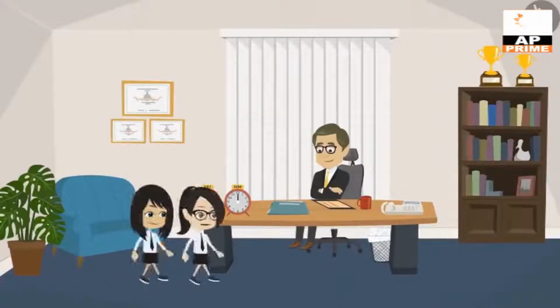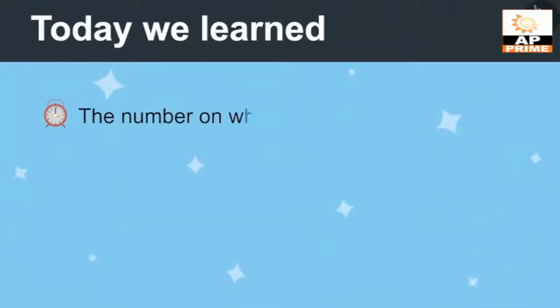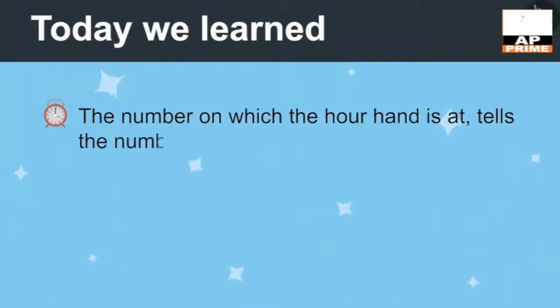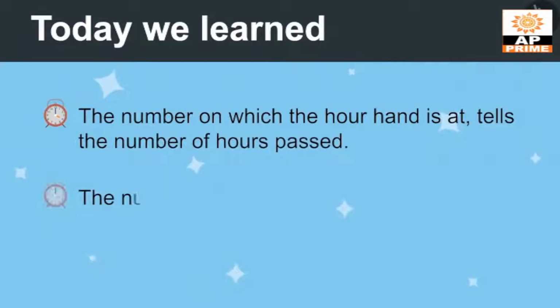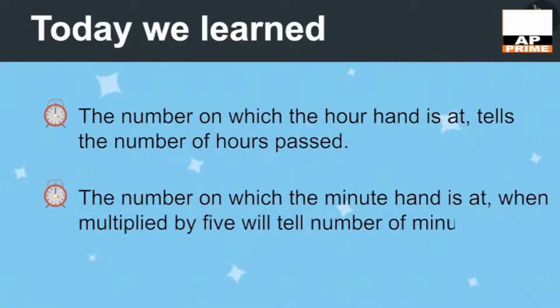Okay, sir. Now we will go. Today we learnt the number on which the hour hand is at tells the number of hours past, and the number on which the minute hand is at multiplied by 5 will tell the number of minutes past.